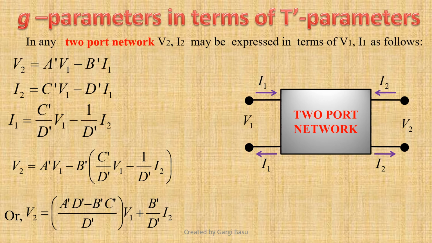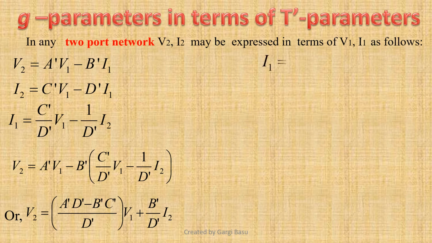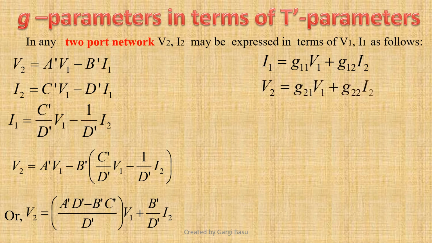When we describe our two-port network using G parameters, the linear equations used are I1 equals G11 V1 plus G12 I2 and V2 equals G21 V1 plus G22 I2. Now comparing the expressions of I1, we get G11 equals C dash by D dash and G12 equals minus 1 upon D dash.